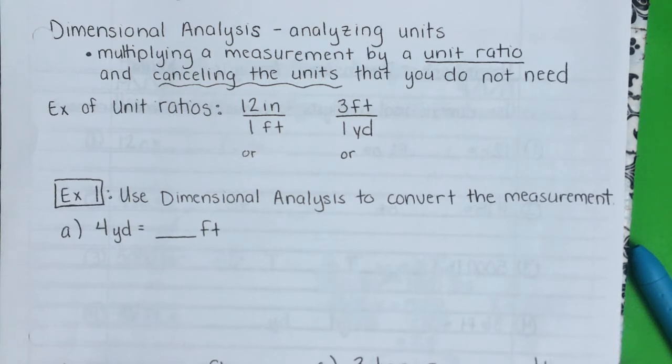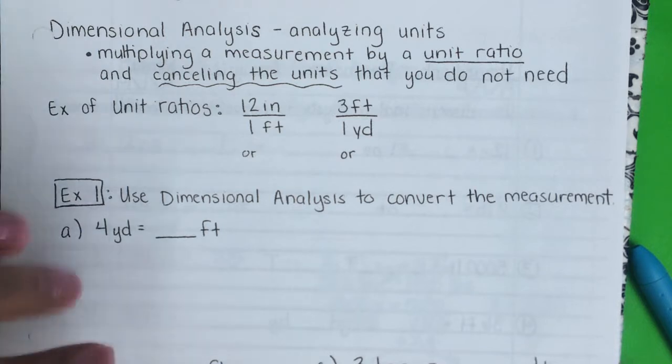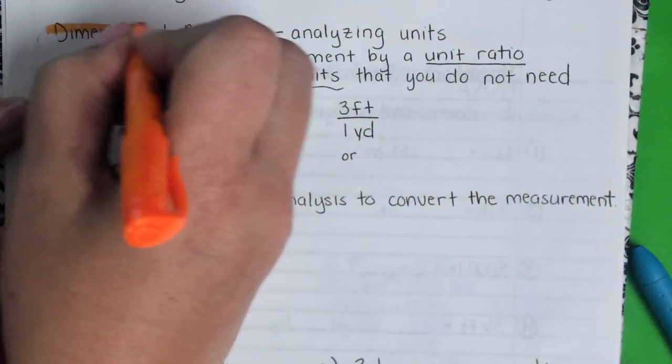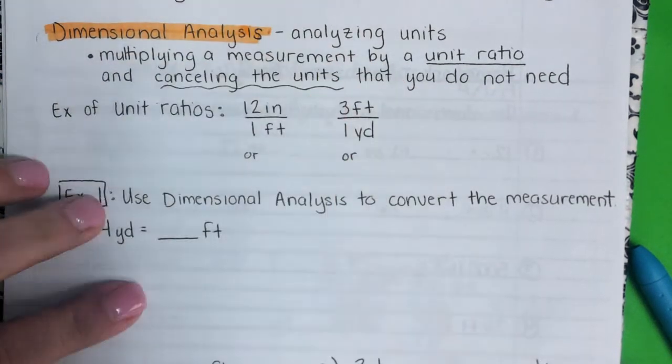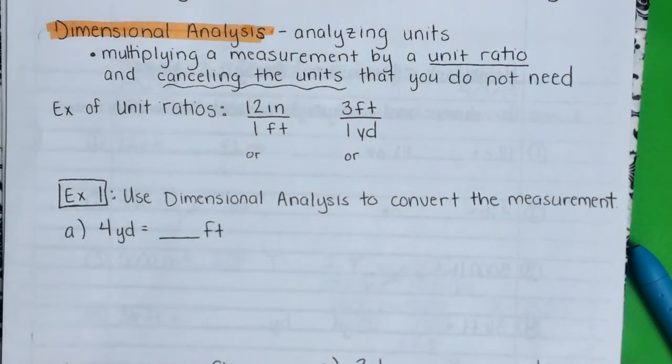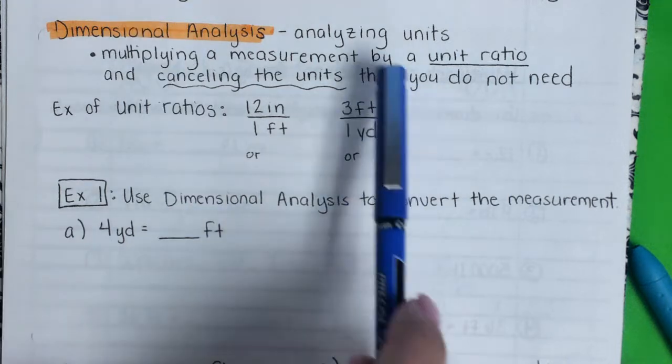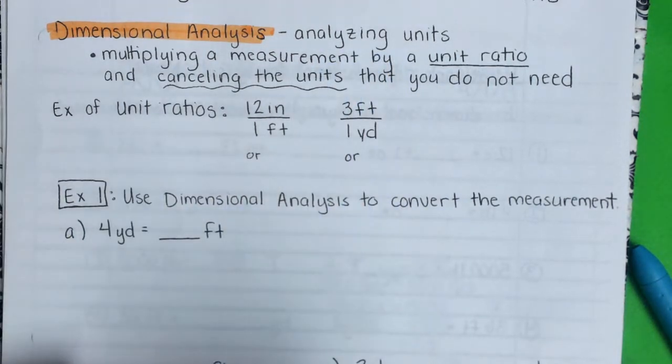So comparing 2 different things. What we're going to talk about today is called dimensional analysis. Dimensional analysis is a very fancy term that just means we are analyzing our units and converting them using ratios.